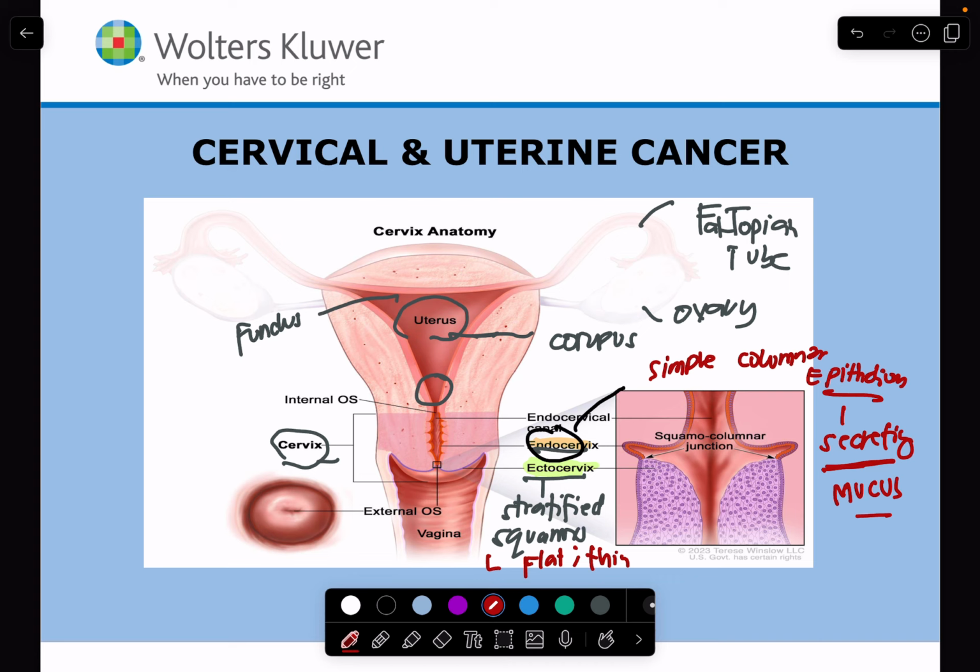I repeat, the two cervical regions are ectocervix and endocervix. Ectocervix is the outer portion that comprises stratified squamous epithelium, and endocervix is the innermost portion that comprises simple columnar epithelium. Now, a columnar type of tissue is responsible for secreting mucus. Okay?